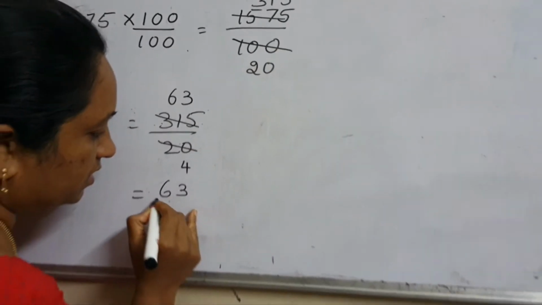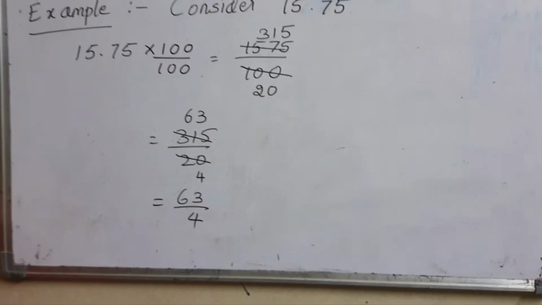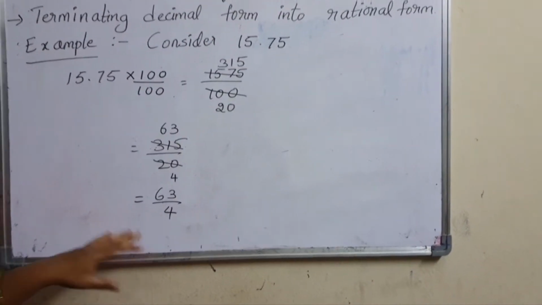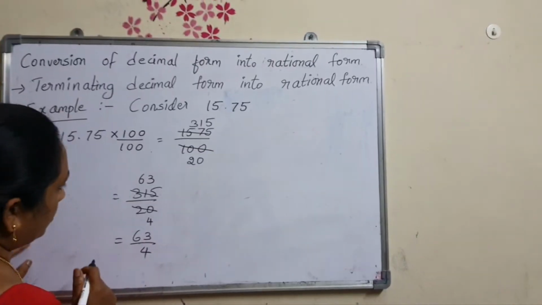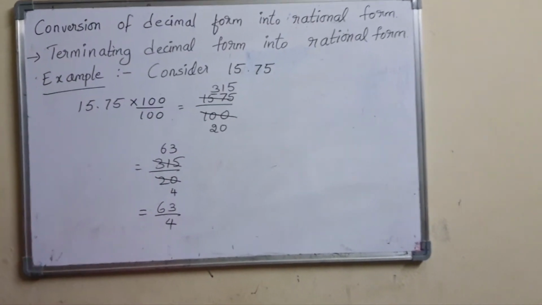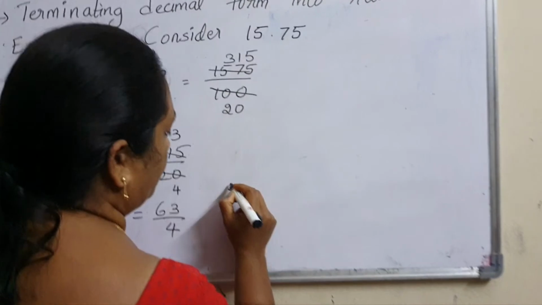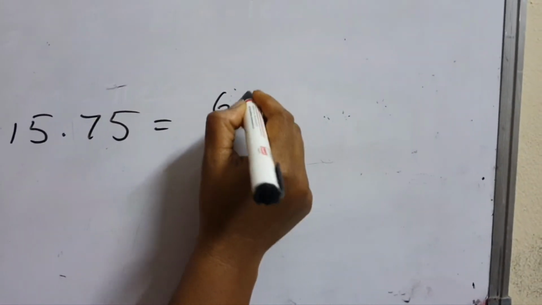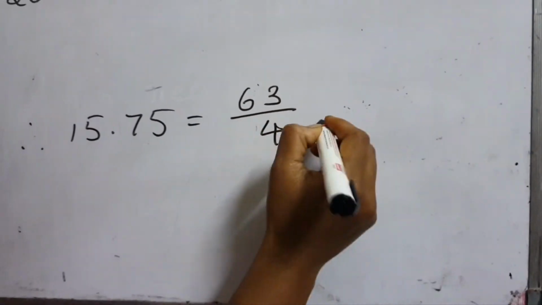You got 63 by 4. That means the decimal number is converted into a rational number. This is a terminating decimal number. Therefore, 15.75 is equal to 63 by 4.